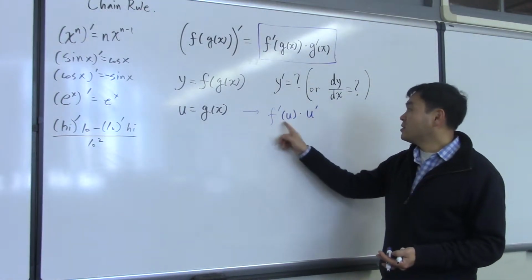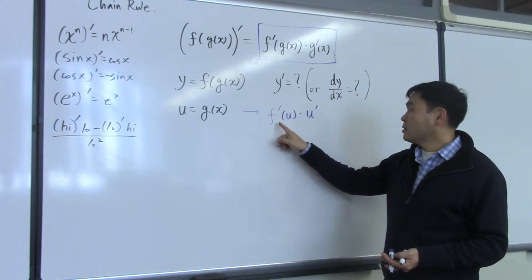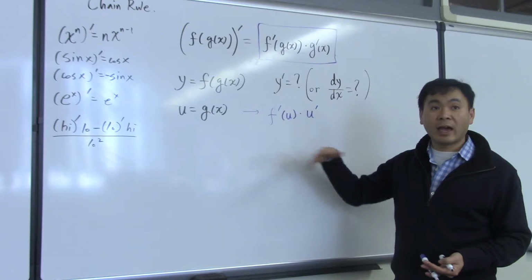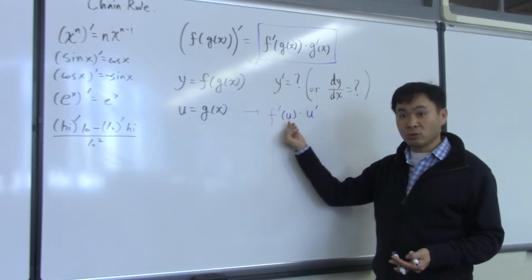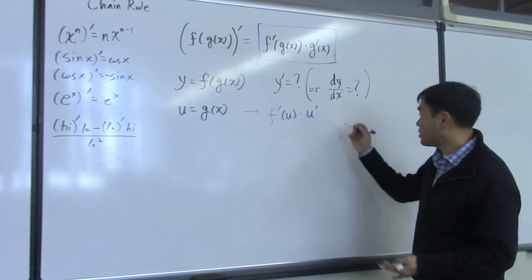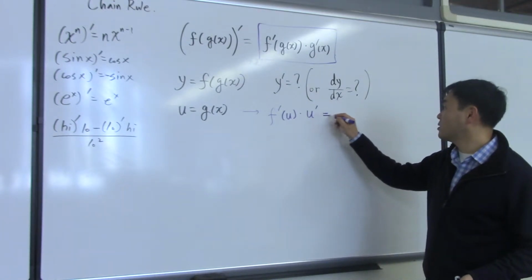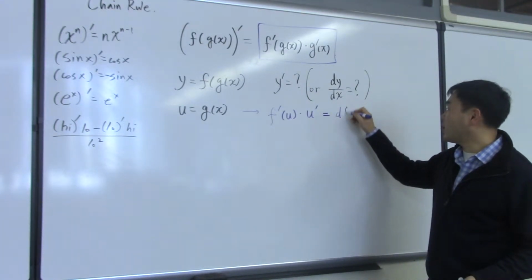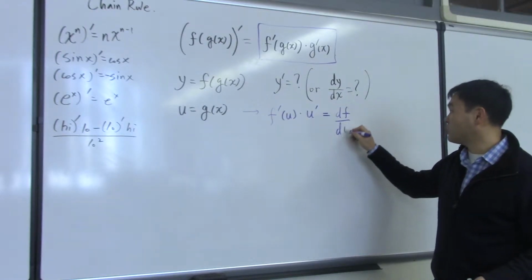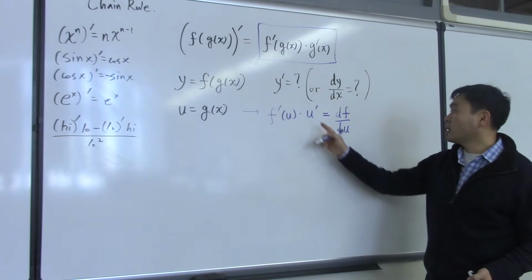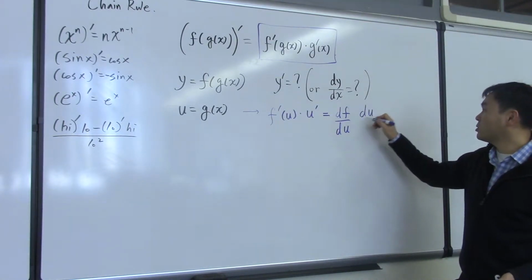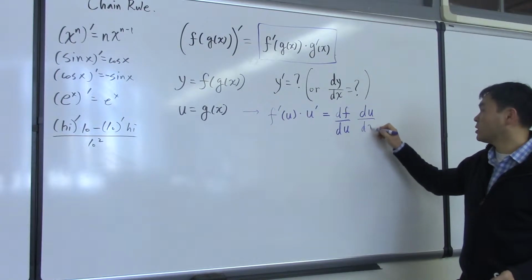Now, this thing here means you're differentiating a function f as a function of u. Okay? So when you actually get to write this, you can rewrite this as df, you're differentiating f with respect to u. Okay? And over here, this can be written as du dx.